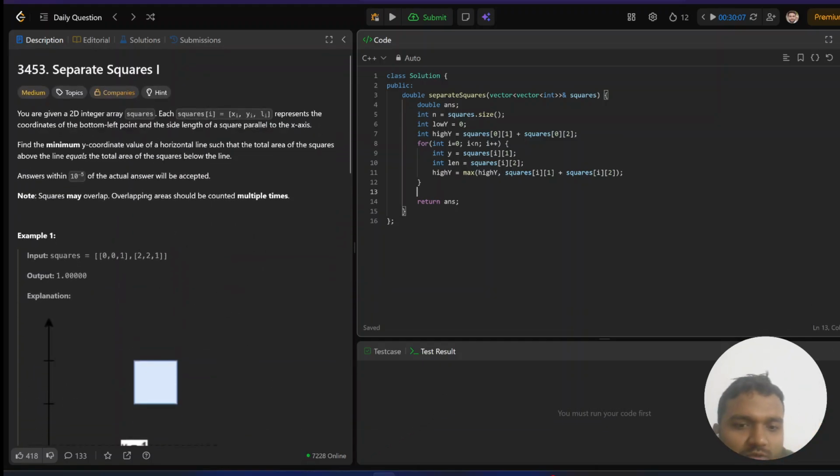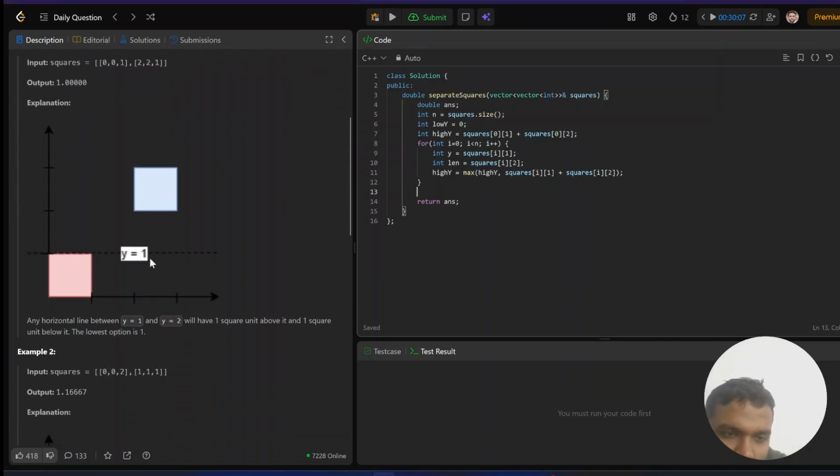So we have a low y and a high y. Now we can calculate a mid y. So we do low plus (high minus low) by 2, I think. Yes.